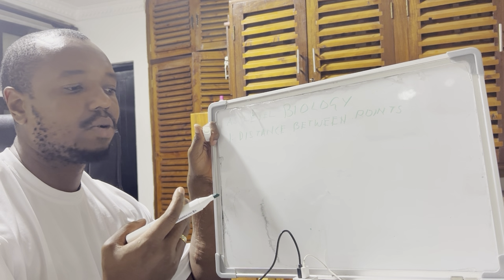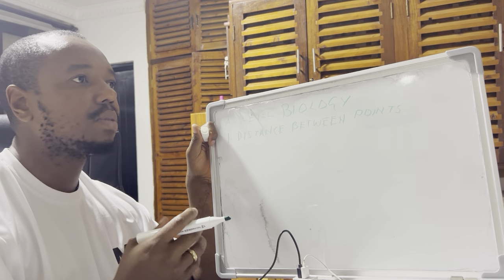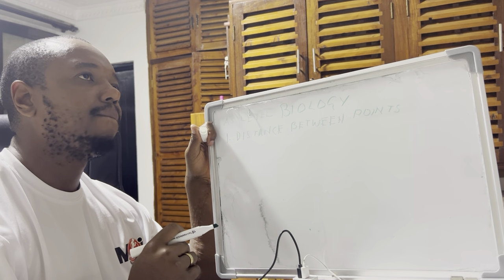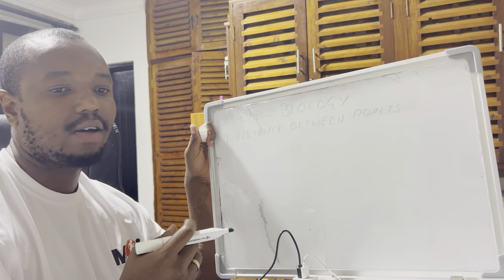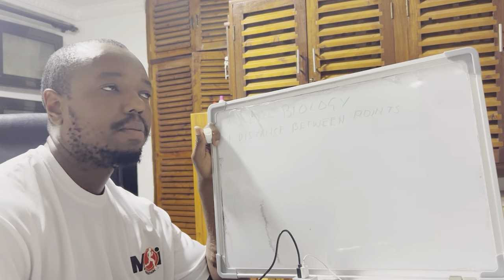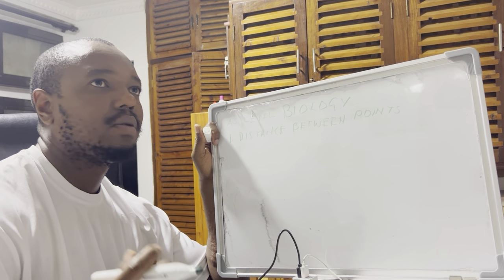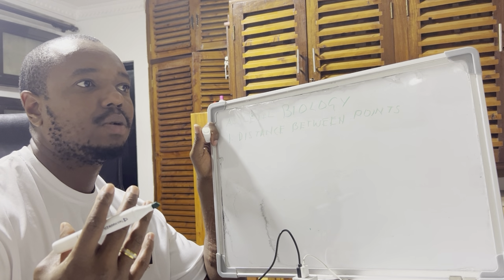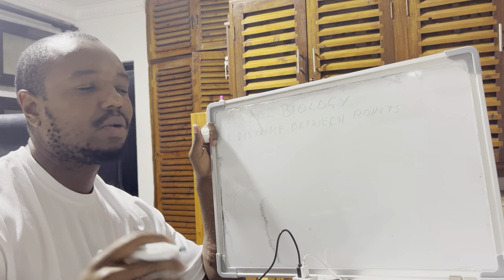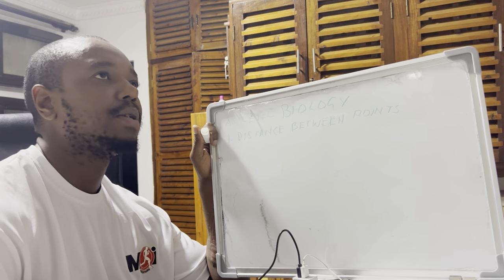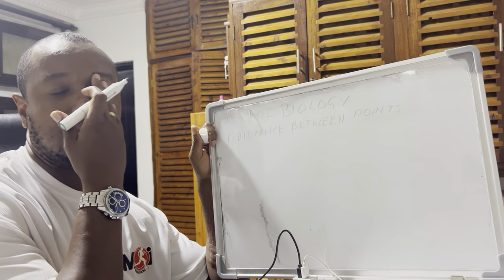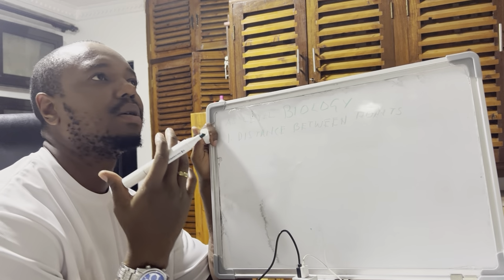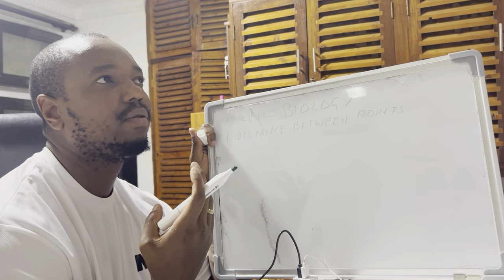These points need to have particular locations on the graph, and they can be negative.